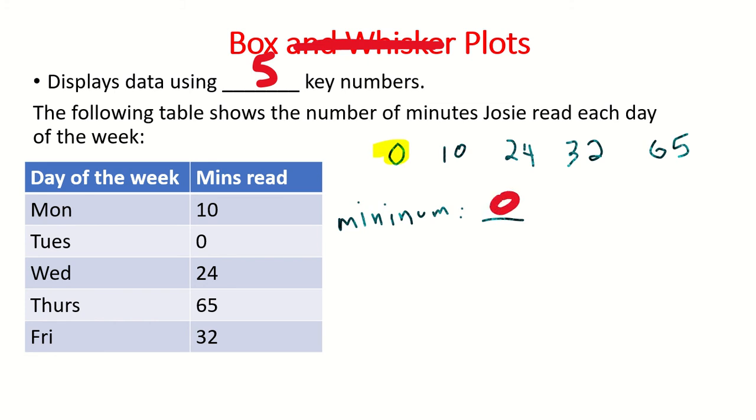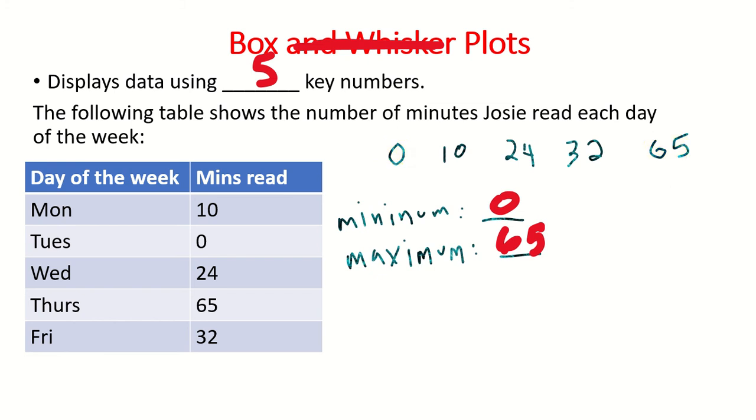So the minimum is going to be 0. Then we need the maximum. And that's going to be, well, what's the biggest number? The max number of minutes that she read. That would be the 65.